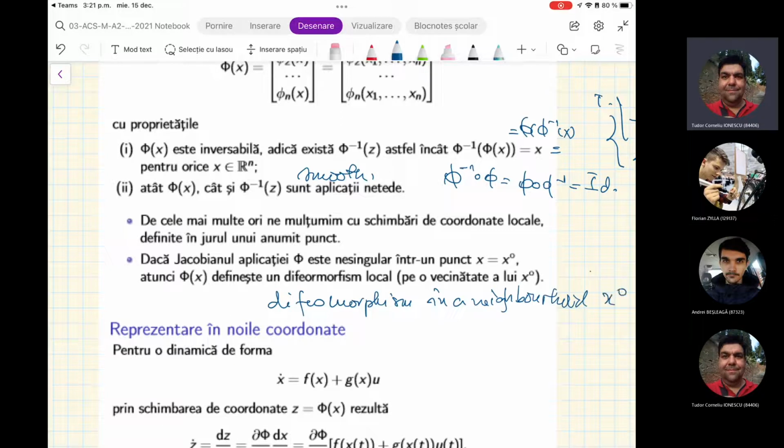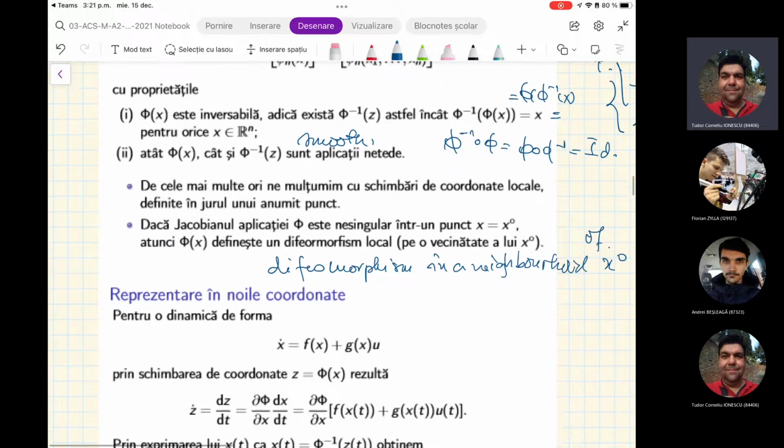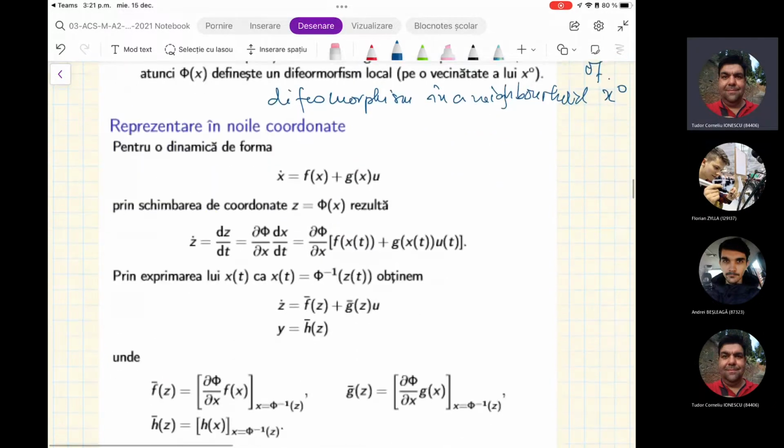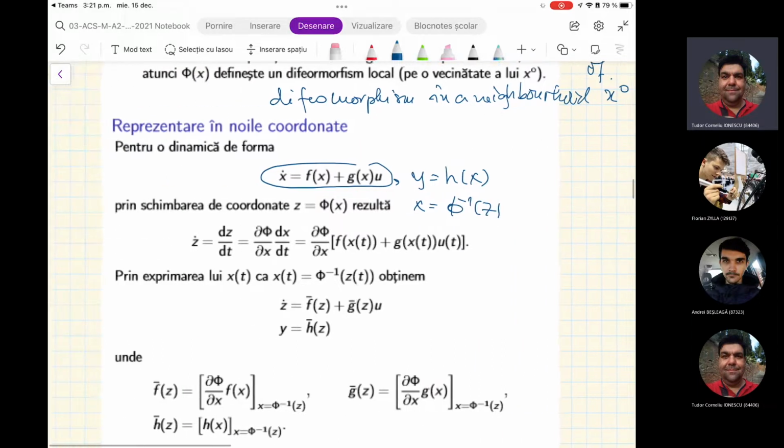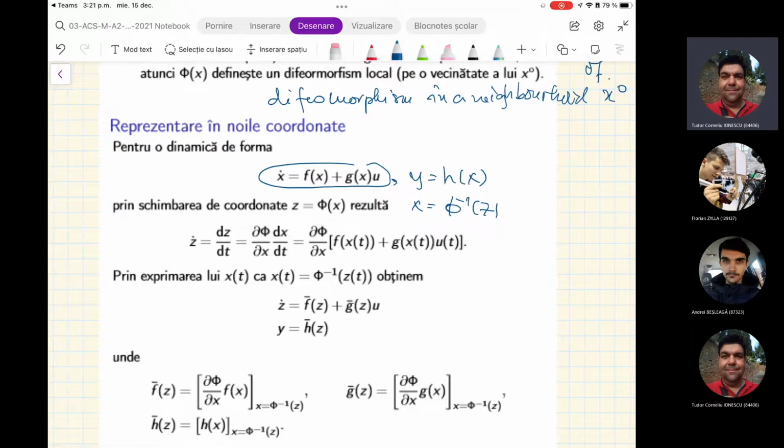So in the new coordinates, you start from this equation, and also you have this output equation. The change of coordinates is z equal phi of x and x equal phi inverse of z, because we said it's invertible as a mapping.